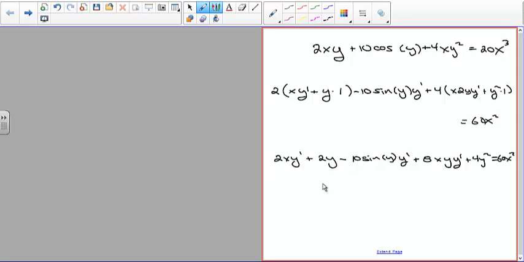So we put all the stuff that involves y prime on the left-hand side. So there's going to be three items there. On the right-hand side, we've got these two terms, which will become negative when we move them from the left-hand side to the right-hand side.